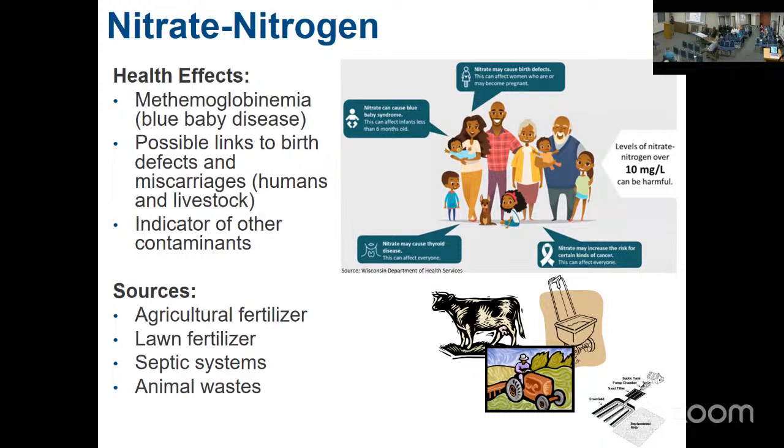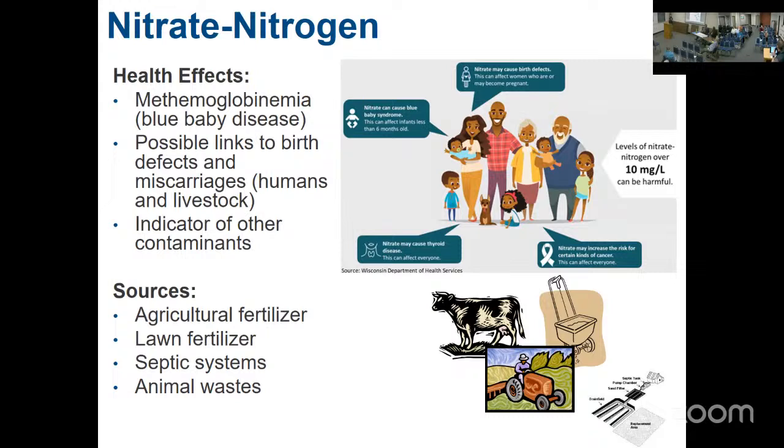So the question about pesticides, if we're in an area with elevated nitrate and the source of that nitrate is agricultural fertilizers, then it might be more important to test for things like pesticides. If the nitrate is elevated and we assume that that nitrate is coming from a septic system drain field, might be more important to test for things like pharmaceuticals or personal care products that would be associated with human waste distribution systems.